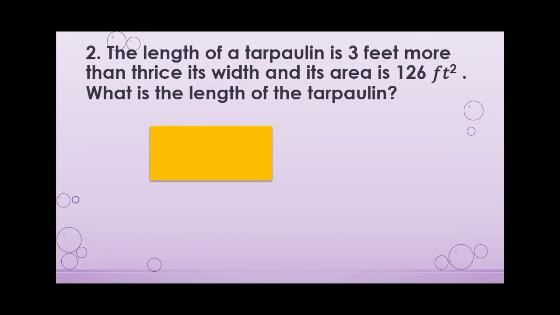So, again, we will use the measure of the width, which is again not given. Now, we are going to represent the width of this tarpaulin by W. Okay, and of course, FT or feet. This is the unit.